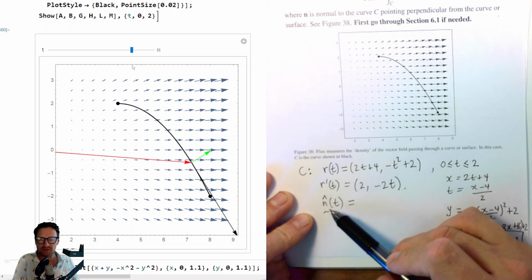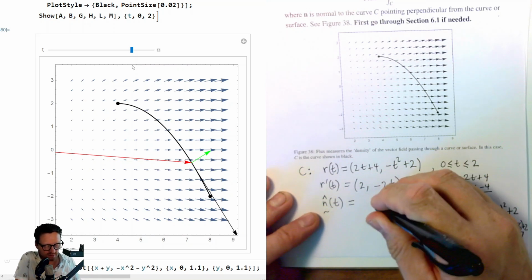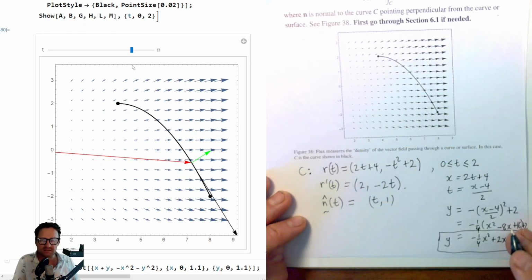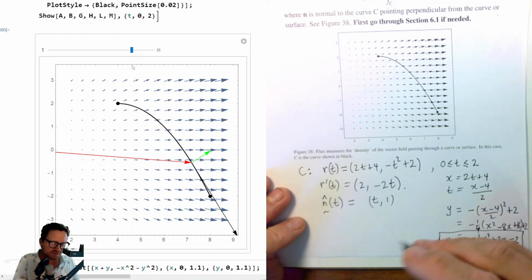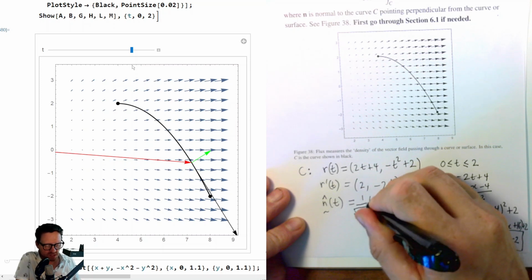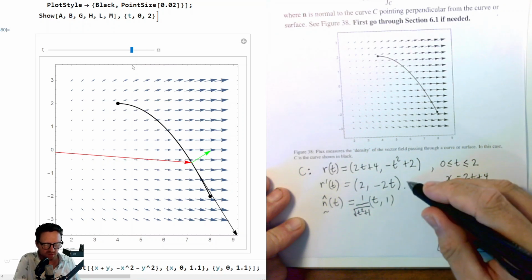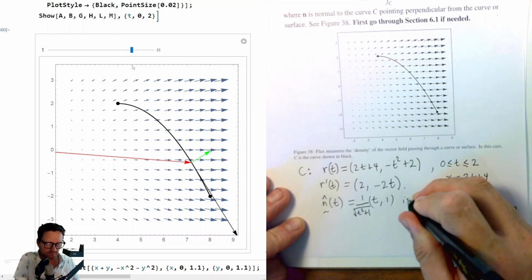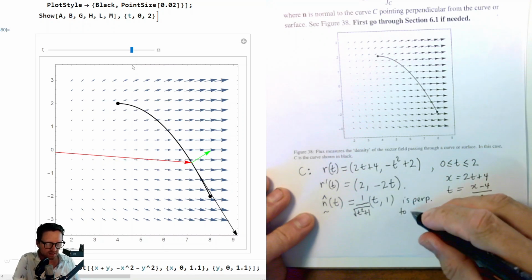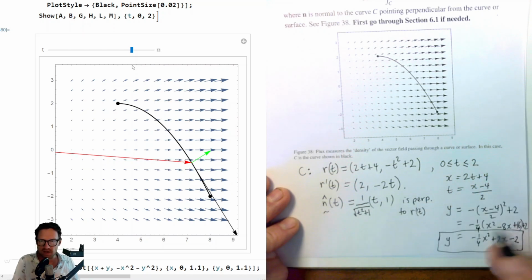Remember, I'm calculating a unit vector, so I want the resulting vector to have norm 1. So if I put t comma 1 and calculate the norm of this, well, it's the square root of t squared plus 1, so I want to divide that away so that the result has norm 1. Okay, so now I have a unit vector that is perpendicular to this one. So it's perpendicular to r dash of t for any given value of t.